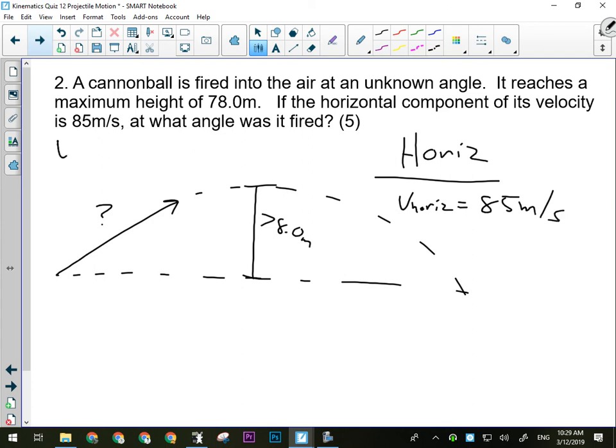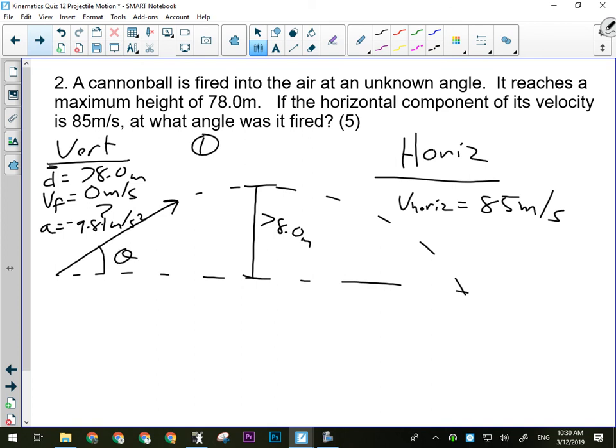Vertically speaking, we know that the maximum height is 78.0 meters. And what's the speed at that point? 0. All right, so I have that, and I also have acceleration, negative 9.81 meters per second squared. So mark for Givens.